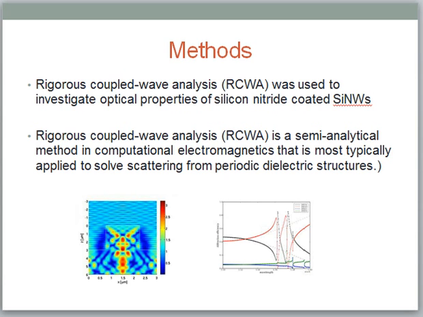Throughout the report, rigorous coupled wave analysis (RCWA) was used to investigate optical properties of silicon nitride-coated silicon nanowire array. RCWA is a semi-analytical method in computational electromagnetics that is most typically applied to solve scattering from periodic dielectric structures.